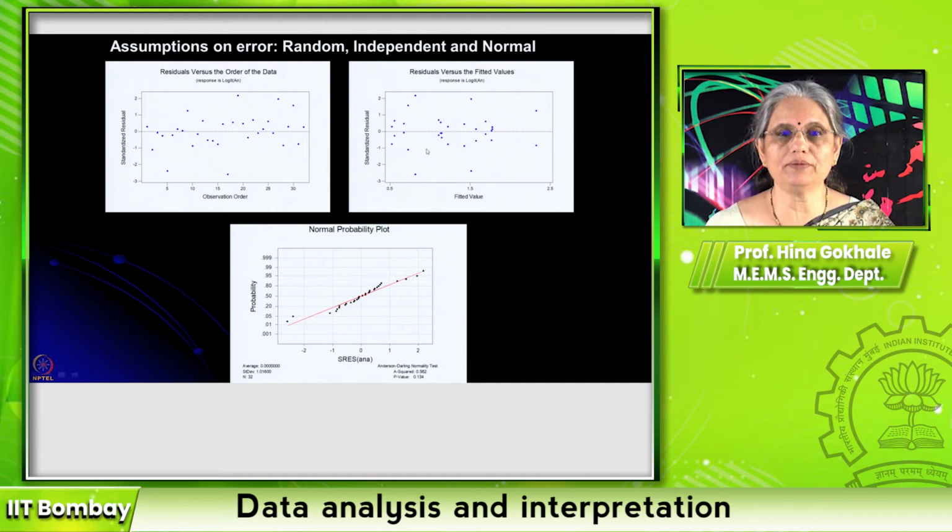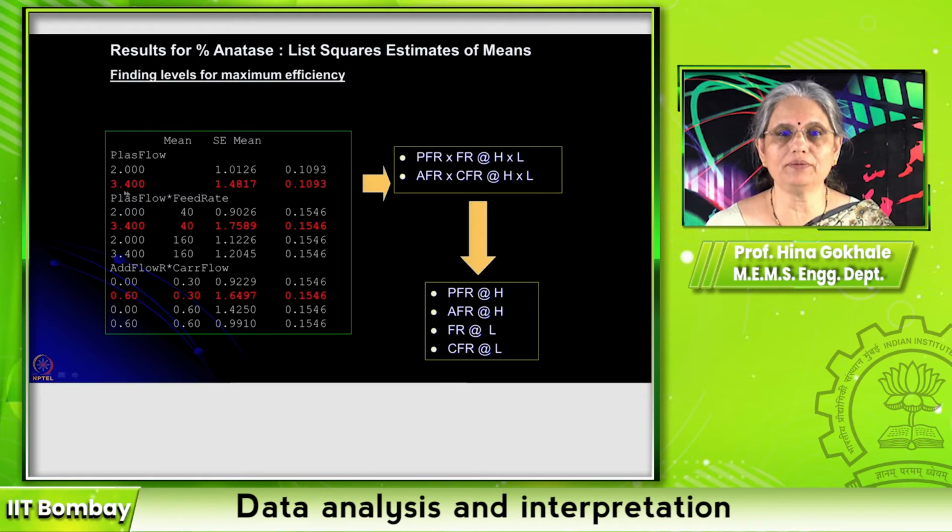It is actually distributed as normal because we have plotted the standardized residuals for Logit transformed percentage anatase on the normal probability plot, and it falls on the straight line, and therefore it is normally distributed. So, our assumptions are also correct.